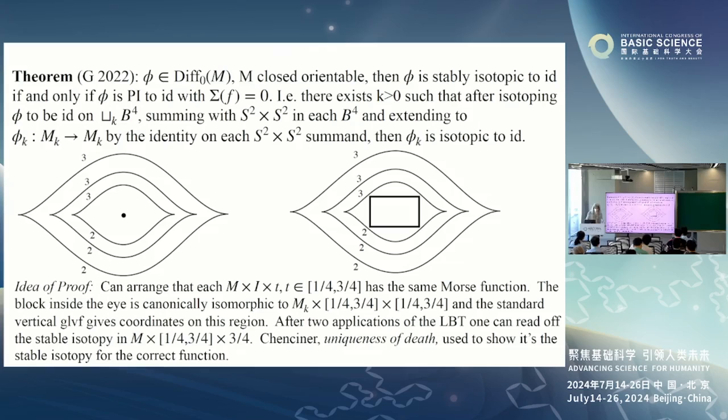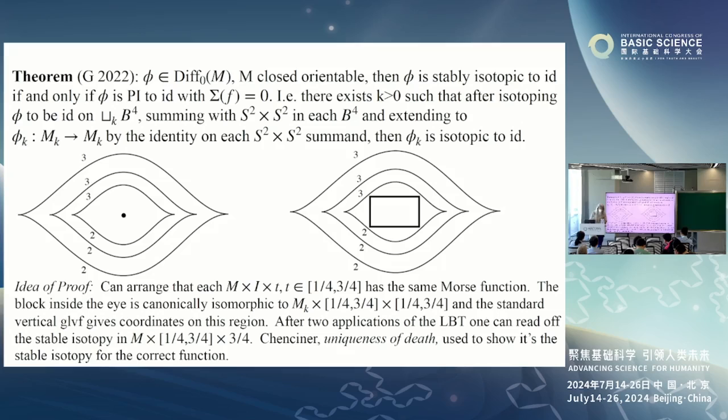So here's a second theorem, which I learned about from staring at pseudo-isotopy. If I have a diffeomorphism homotopic to the identity, suppose I could do the following. I could do some isotopy so that in some disjoint union of four balls, the diffeomorphism is the identity.